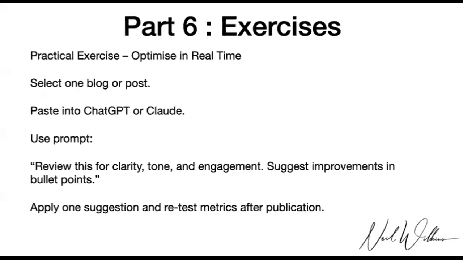And so you can start to think about whether we could optimize this stuff in real time. Because if we're using AI, maybe we don't have to wait until the monthly report. Maybe we could do some stuff in real time and change things by watching. If we were doing, say, a blog post, maybe we use our AIs to suggest improvements that we then shape up and publish in real time.